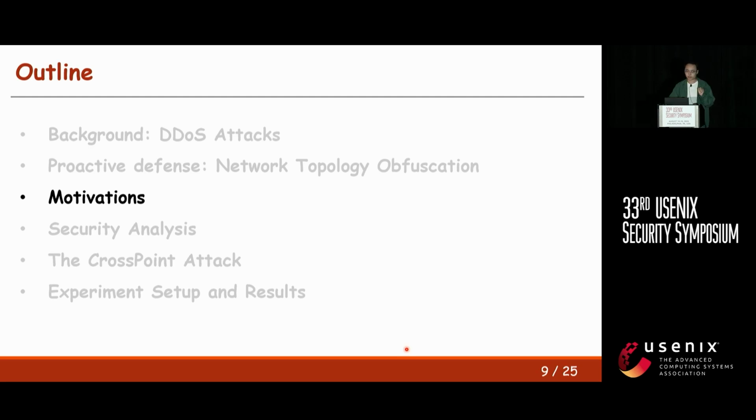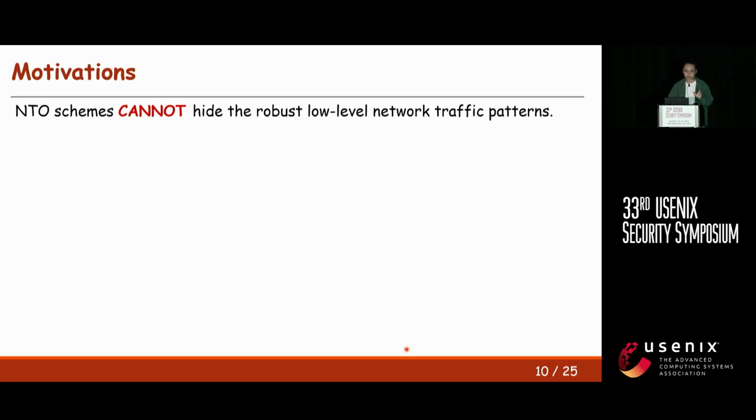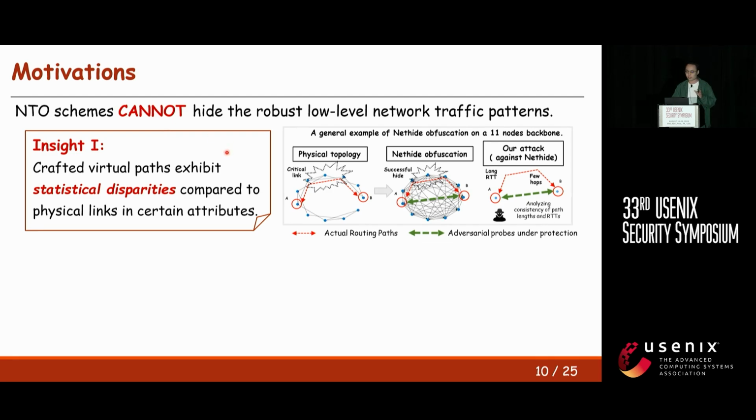Here are our motivations. Actually, our answer is that NTO schemes cannot hide the robust low-level network traffic patterns. To illustrate this, attackers can still detect hidden bottlenecks by utilizing some low-level network traffic patterns. For example, although NTO schemes can obscure several hops along the attack flow path, they cannot alter the inherent propagation delay.